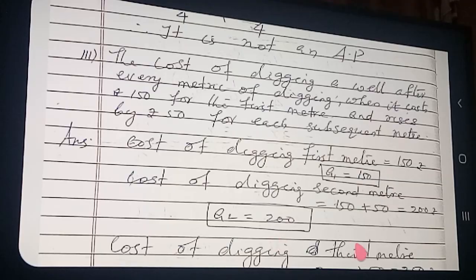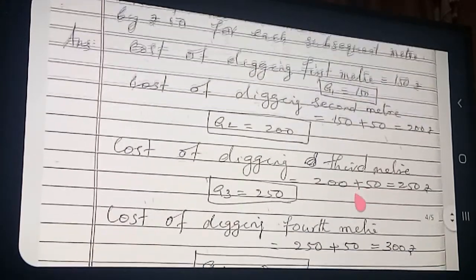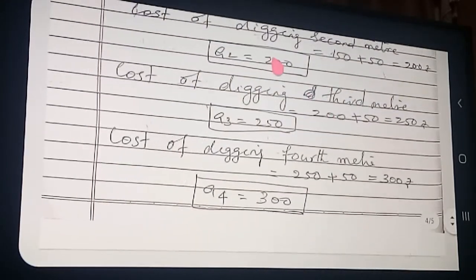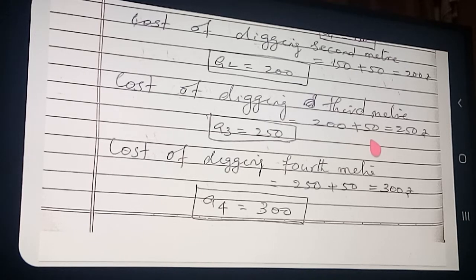And next is the cost of digging the third meter. So 200 plus 50. What will come? 250. So you got the third term, A3, 250. Clear? And the cost of digging the fourth meter: 250 plus 50. How much will come? 300.